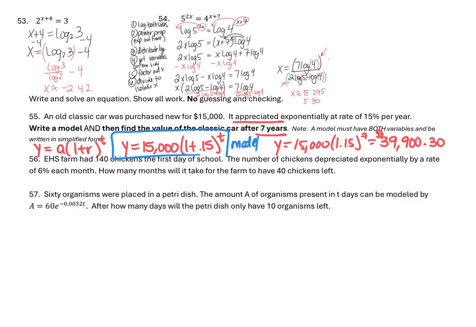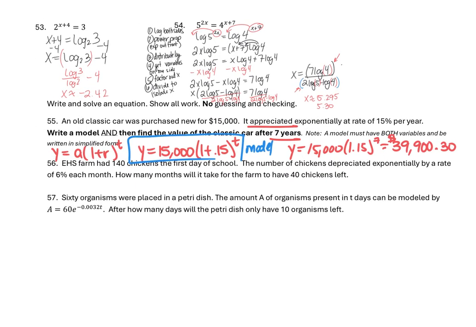Okay. Now, the EHS farm had 140 chickens on the first day of school, and the number of chickens are depreciating exponentially at a rate of 6% each month. How many months will it take to have 40 chickens left? So we're using a similar equation, but since it's depreciating, it's 1 minus r to the t.